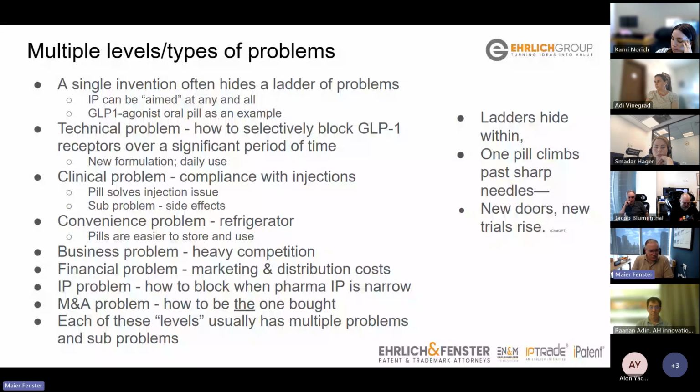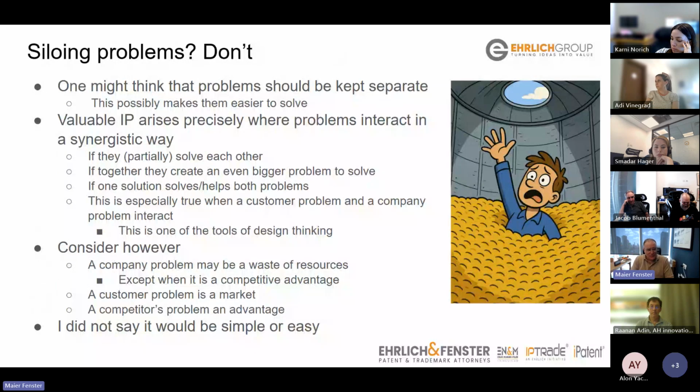What do we do about all of these problems? The easiest solution is to silo them. I'm going to solve this problem, this problem, this problem, each one separately. From an IP perspective, don't do it. Why not? Because valuable IP arises exactly where the problems interact. Sometimes they interact with each other, and sometimes the solutions for the problems interact.